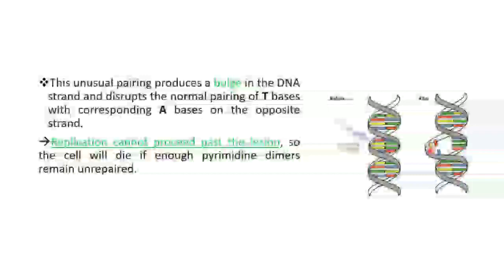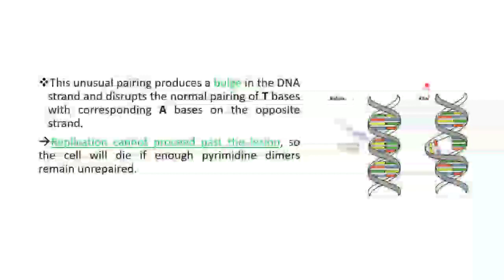So this chemical bond will disrupt the normal pairing of T with A. Here we had T with A. Here, when the thymines form the chemical bond, the thymine dimer, they cannot attach anymore to the adenine. So this will create a bulge in the DNA strand.